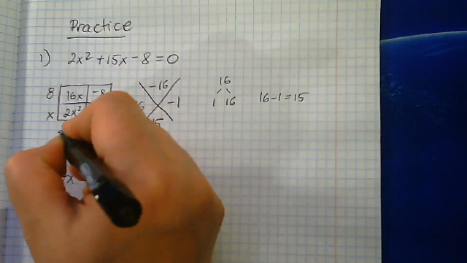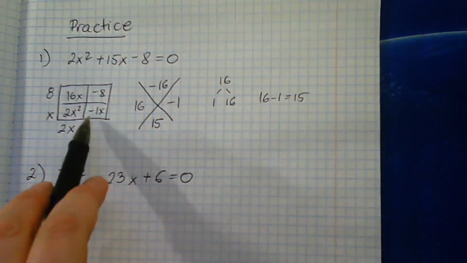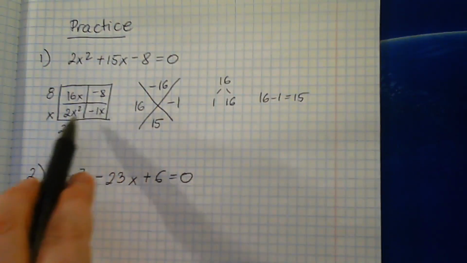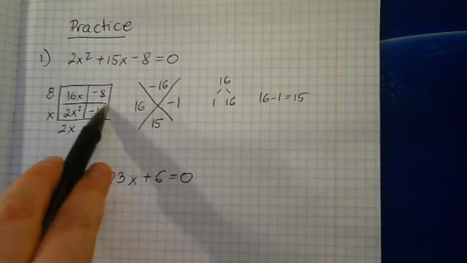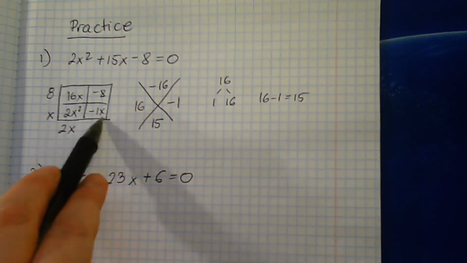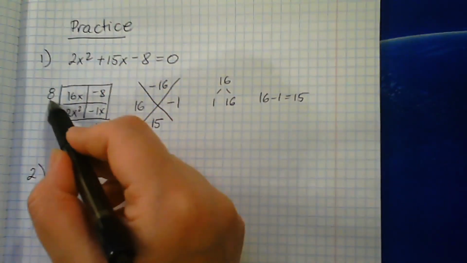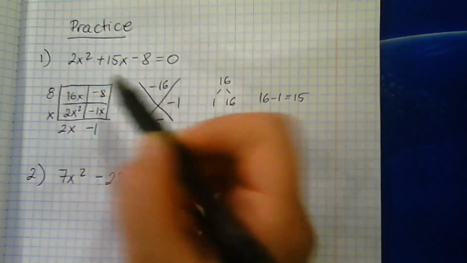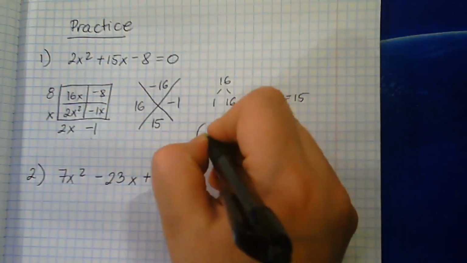Why? Because 8 times 2 is 16, right? Now, I have negative 1x here. And I know one of the sides of this rectangle here is x, so that means I need to use negative 1. Is negative 1 times 8 negative 8? Yes.